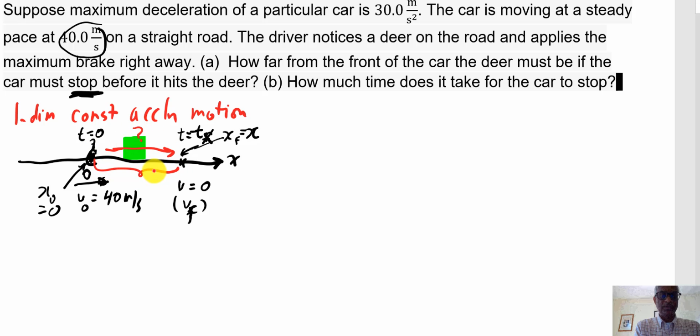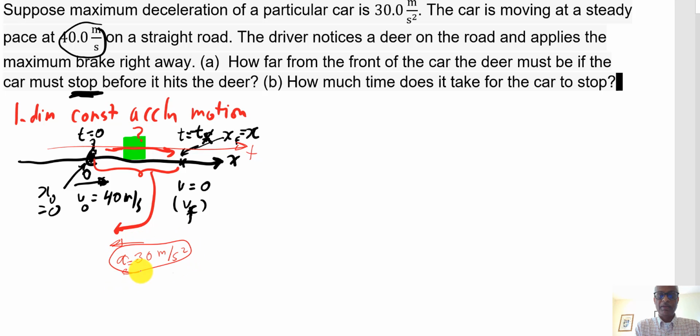In this time frame, the car is decelerating, so the acceleration vector is pointing that way, and is 30 meters per second squared. If this side is the positive direction, then the other side is negative, so you can call the acceleration negative.